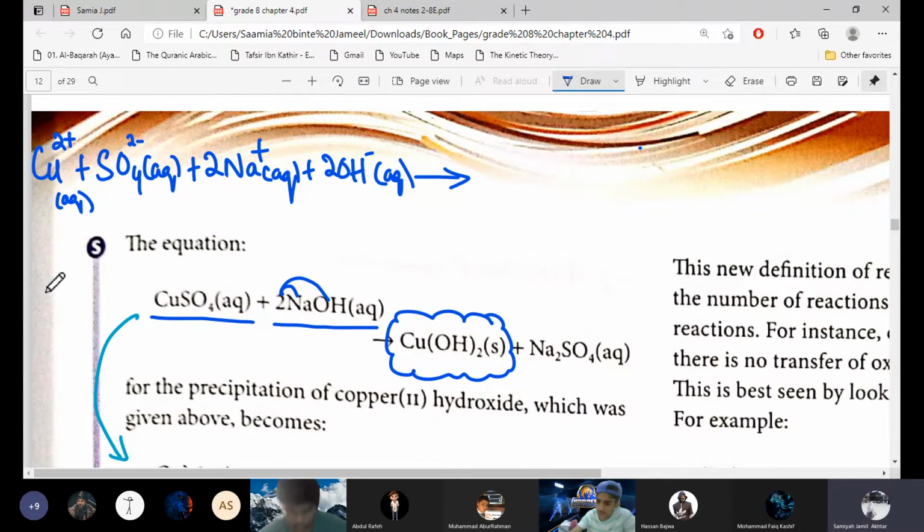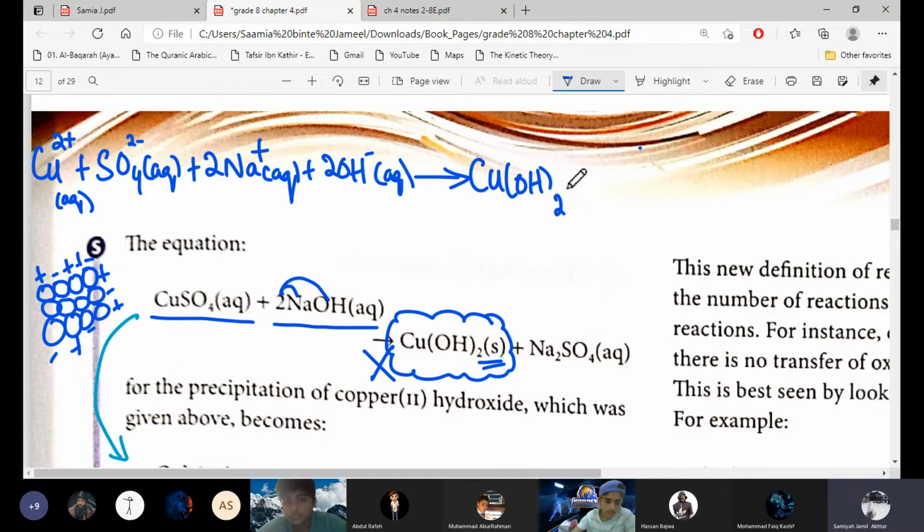In the solid form, the arrangement is very tightly packed, very close to each other, and the force of attraction is very high. So the positive and negative ions are attached to each other very strongly. So an ionic compound in the solid form will not split, and we will write it as it is.